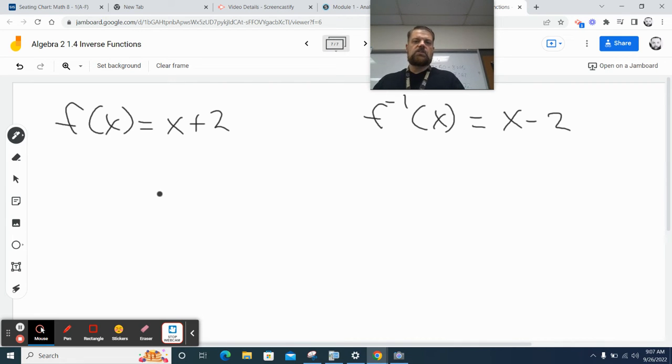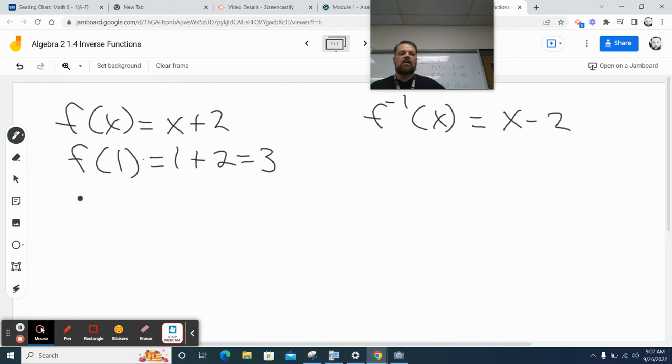So let's pick a value. Not that you need a calculator for this, but there's a part that I want to show you. If I plug in f of 1, that means I'm going to plug in a 1 here, and that means I'm going to get 3. In other words, f of 1 is equal to 3.